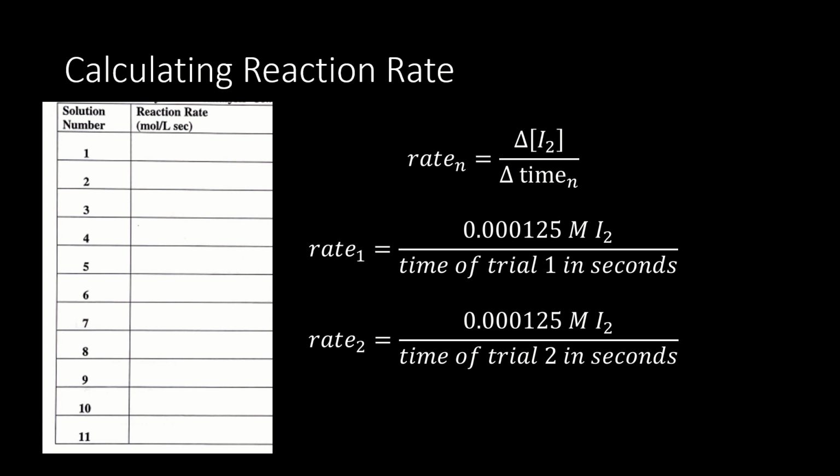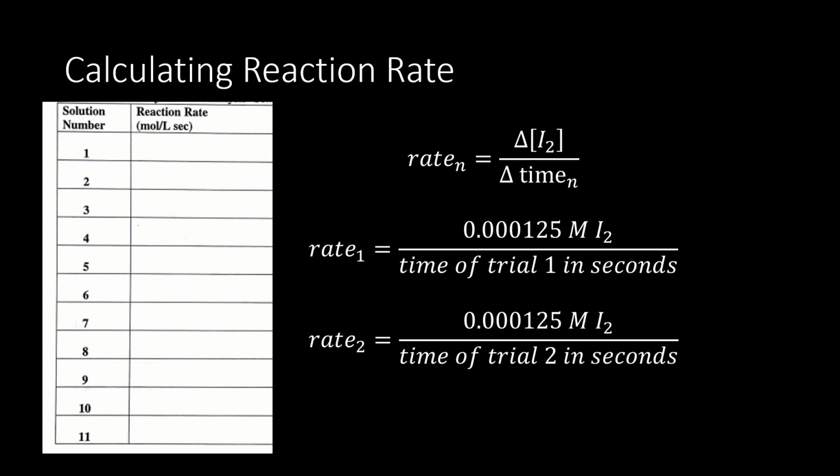So the rate value that we plug in for solution 1 is simply 0.000125 molar I2, divided by the amount of time you record for trial 1, however many seconds that takes. For solution 2, take the same concentration of I2, 0.000125 molar, and divide it by the time it takes for trial 2 to occur.